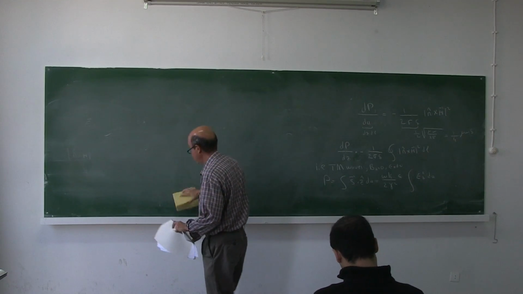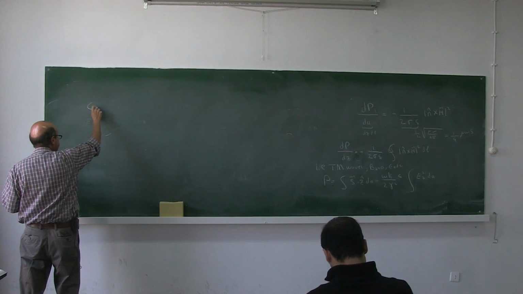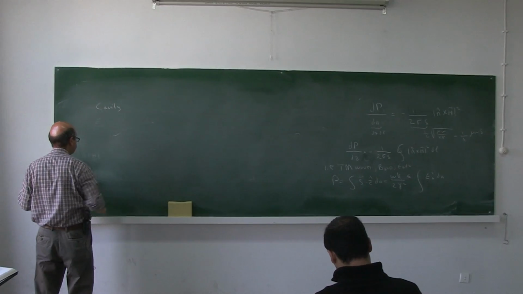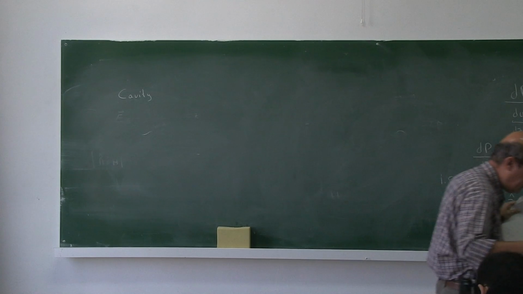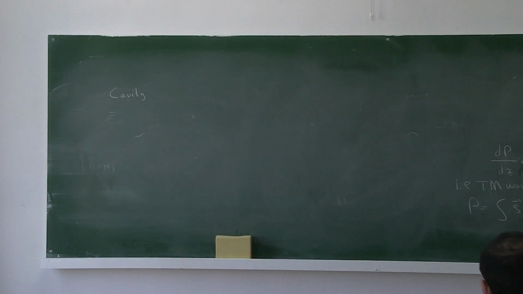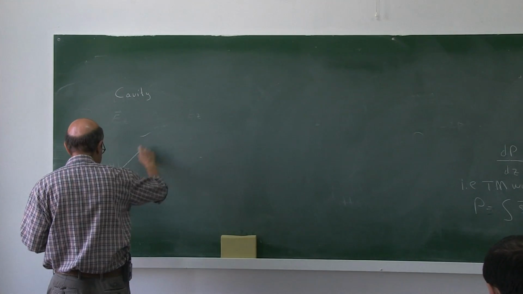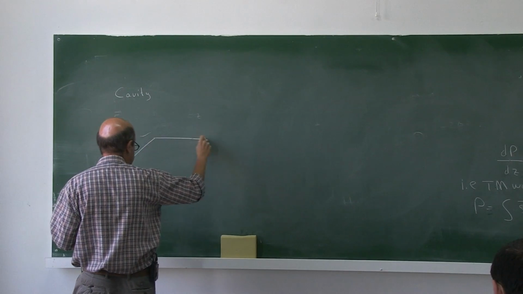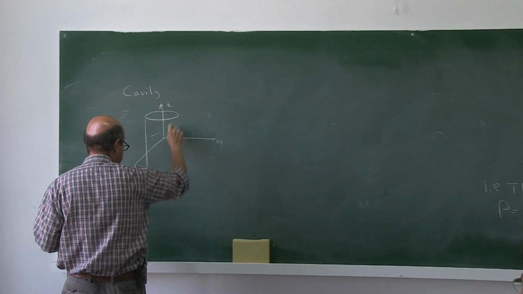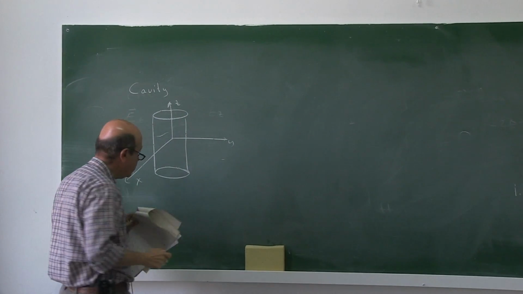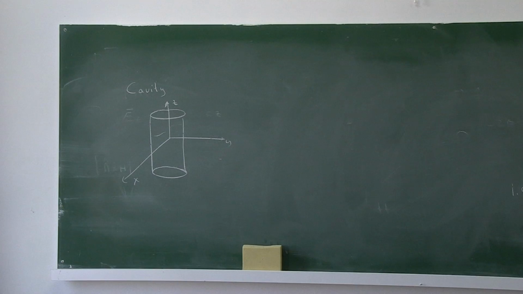So let us quickly go over to the cavity and what will be changed in the cavity. In a cavity, if you close the ends of the waveguide, you can create a cavity. The only important change is the following: x, y, and z. Close the ends of the waveguide and make a cavity and say that at these ends is a perfect conductor.